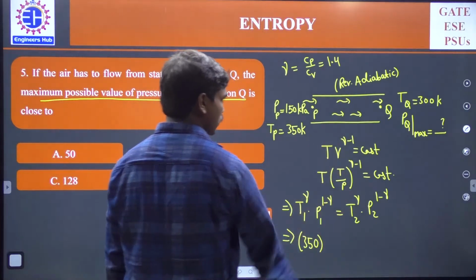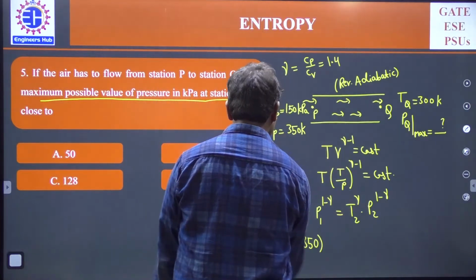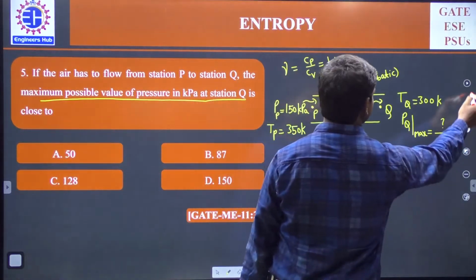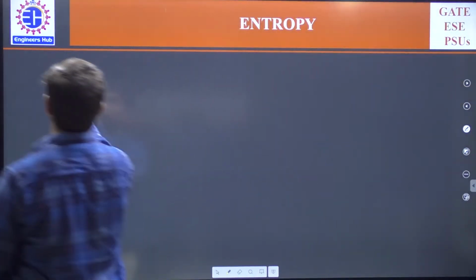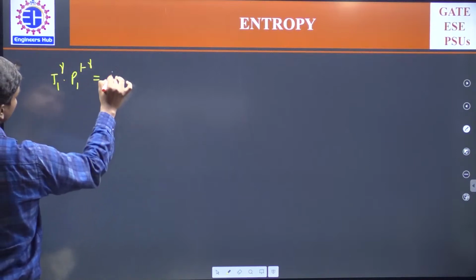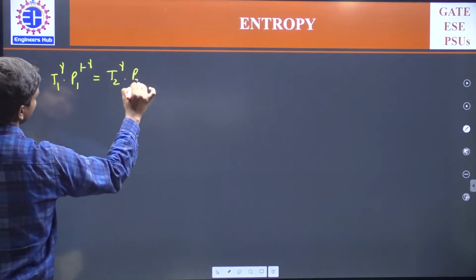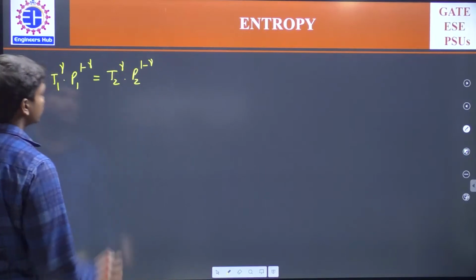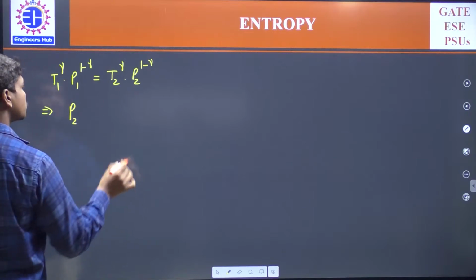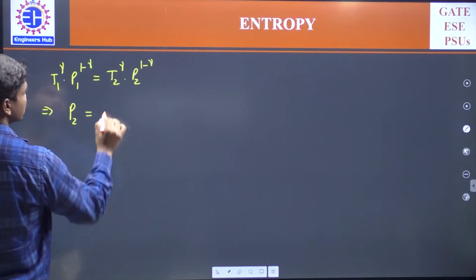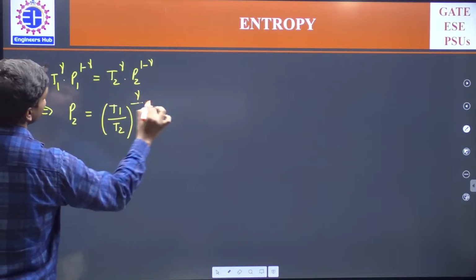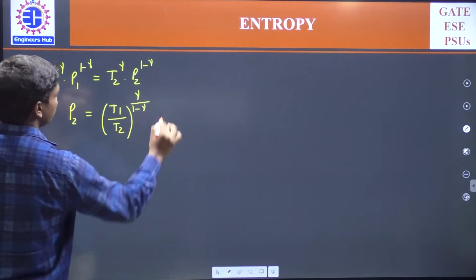So finally you want PQ. Let us enlarge this expression a bit in the next slide. So T1 power gamma into P1 power 1 minus gamma is equal to T2 power gamma into P2 power 1 minus gamma. Correct? Now you want P2 because you need the maximum possible pressure at station Q. So P2 can be written as T1 by T2 whole power gamma by 1 minus gamma into P1.